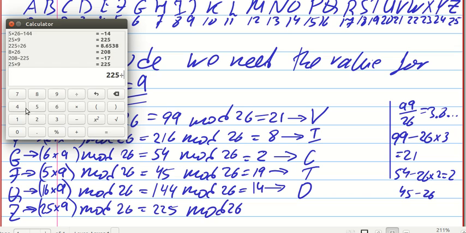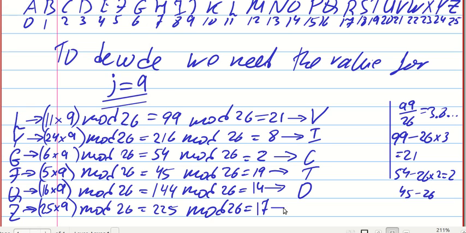We divide by 26, so it's 8. So we take 26 times 8 and we subtract it from 225. So we're going to get 17. I got negative 17 because I subtracted it in the wrong order, but it's still going to give us R.